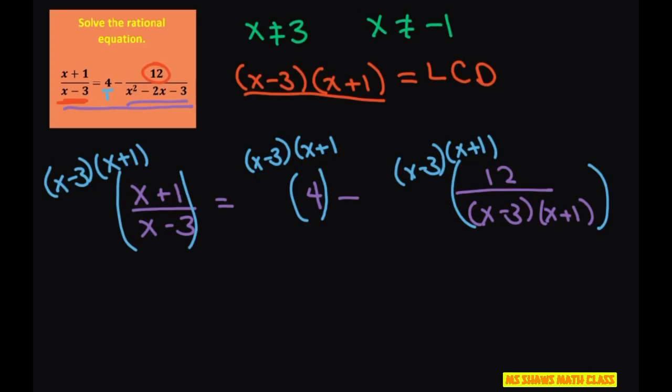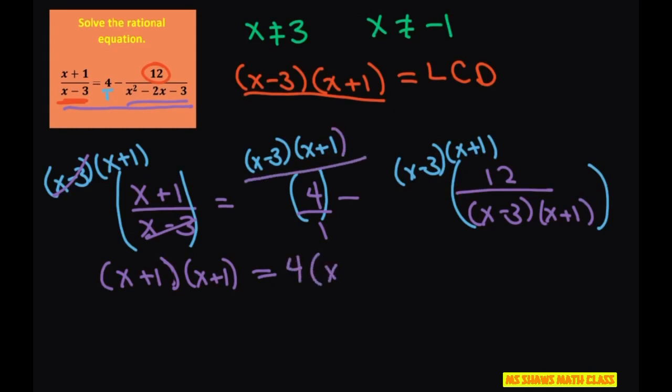All right, so this one cancels, and you're left with x plus 1 times x plus 1. So we can just say squared, or you can just write it out twice. Let's write it out twice. X plus 1. Here, this is 1. So for this, we're just going to multiply 4 times that. I'm going to go ahead and write it this way.